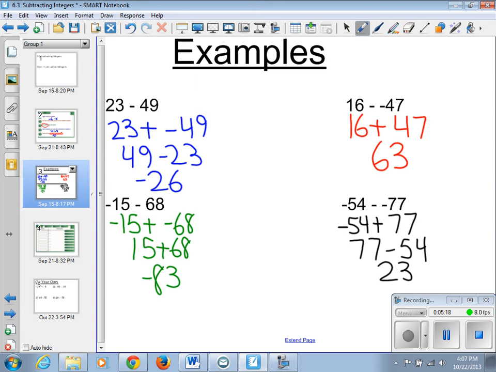And the number with a larger absolute value is positive. Therefore, the answer stays positive. 23. Again, ladies and gentlemen, this is relying and expecting that you understood addition of integers. Based on your work in class Tuesday and Wednesday, that should be the case.